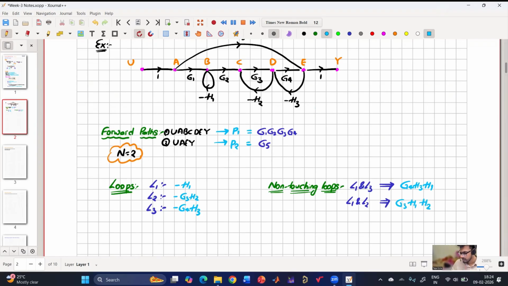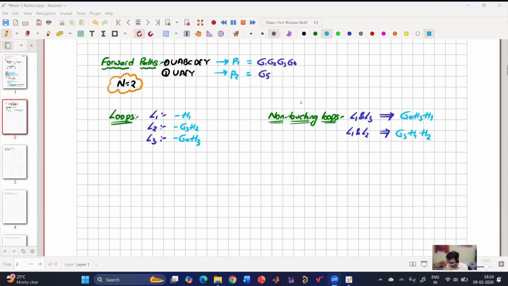Everyone agree? Till this point, is this clear for everyone, the nomenclature and everything? Okay. So now let us calculate delta. Delta is constant, right? It is in the denominator.